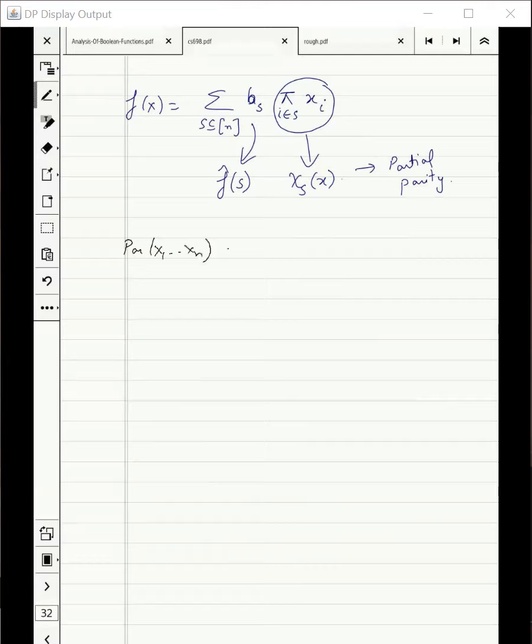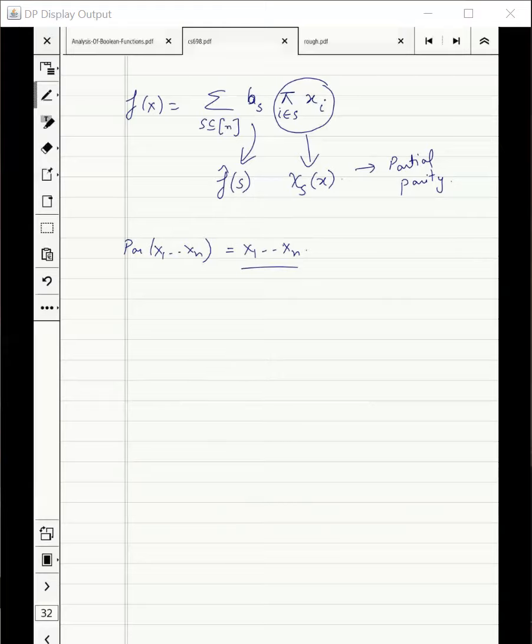The product x1 to xn was the parity. Remember in the 0 comma 1 case, this polynomial represented AND, but now we are in the minus 1 comma 1 case. In the minus 1 comma 1 case, x1 to xn is going to represent parity, and you can take parities on the subsets also. And now I am writing fx in this.